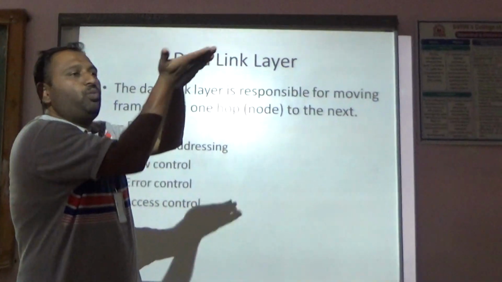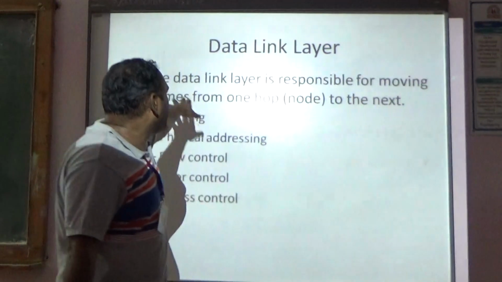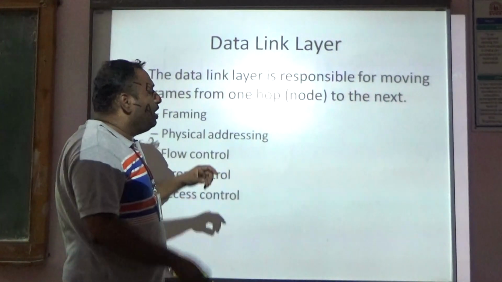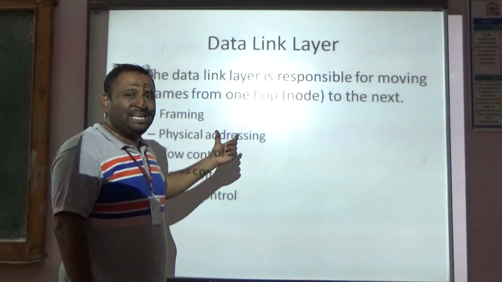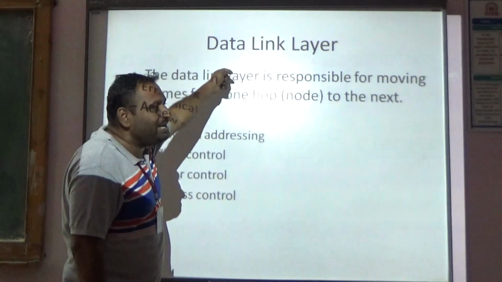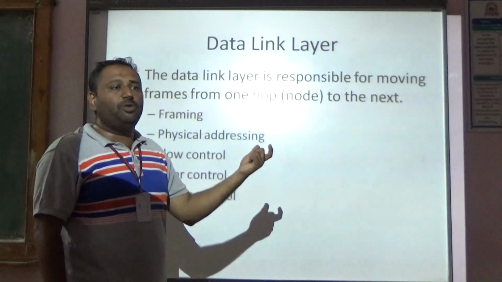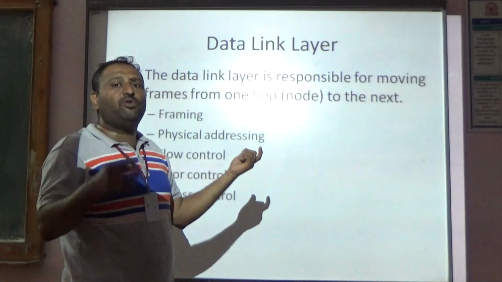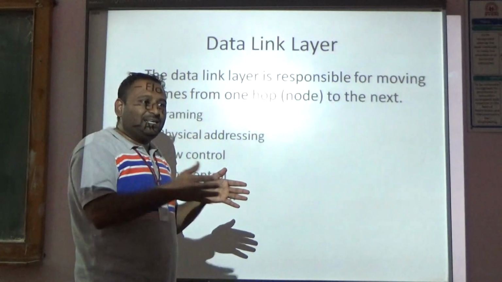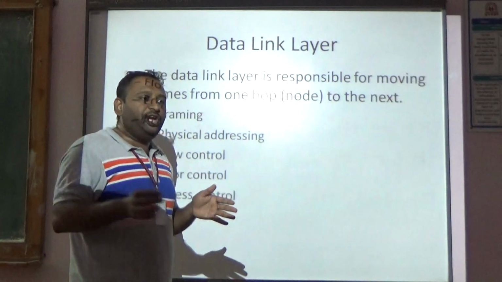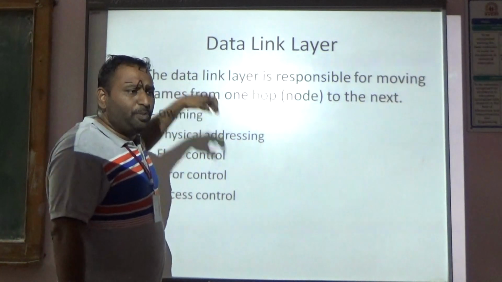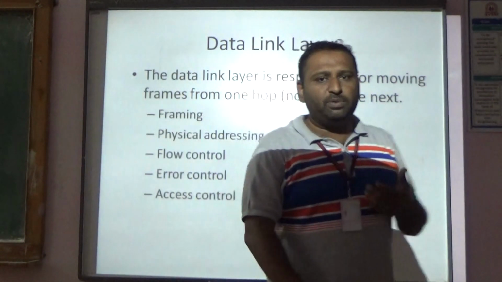But at the data link layer, the data is available in the form of several frames. So we divide that stream of ones and zeros into several groups, and those groups are called frames. Obviously, why do we go for frames?